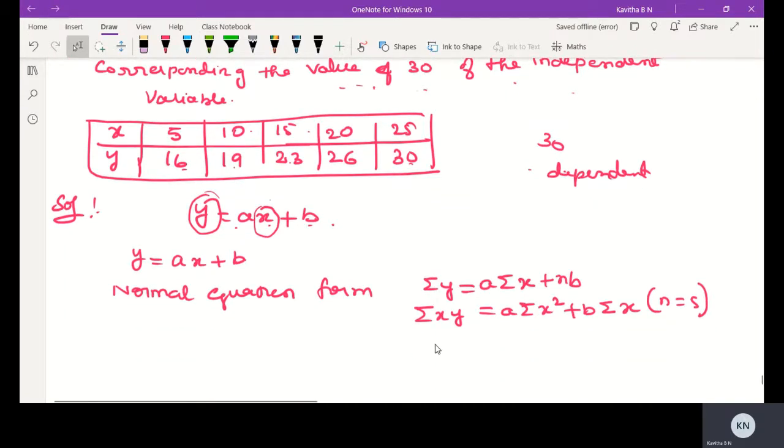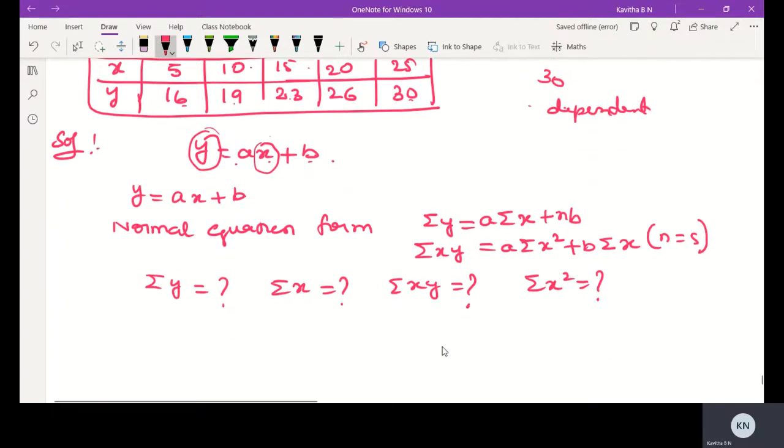Then we need to find the summation of y, and also summation of x, summation of xy, and also the summation of x square. That's why we have to construct the table.